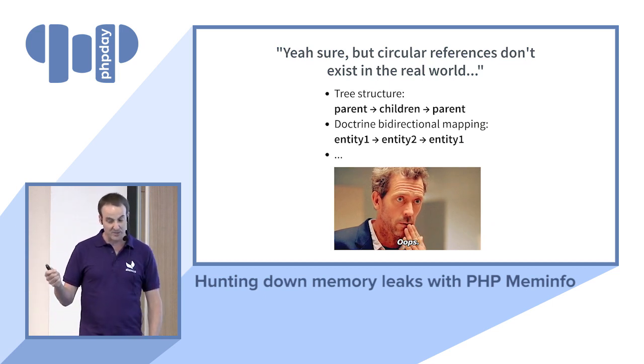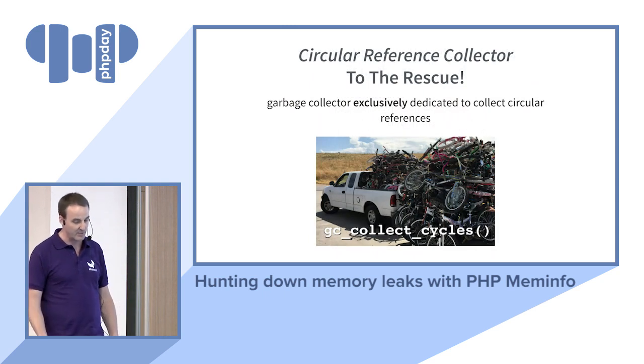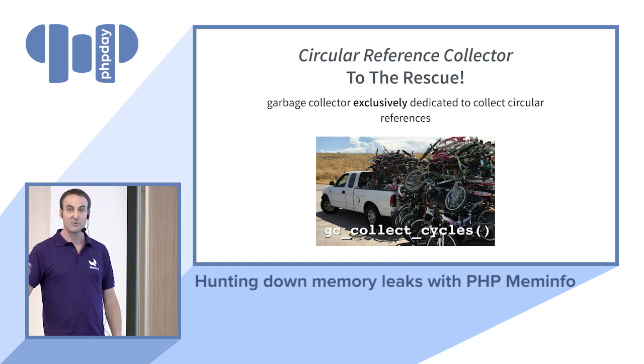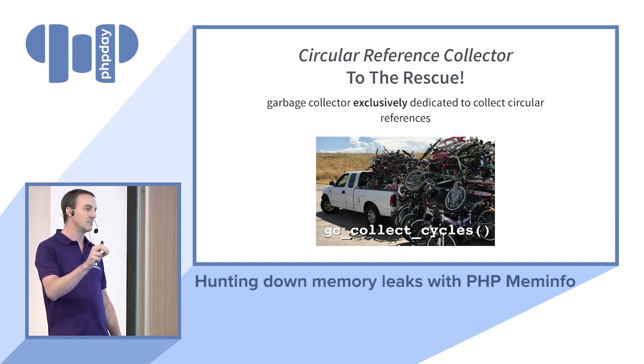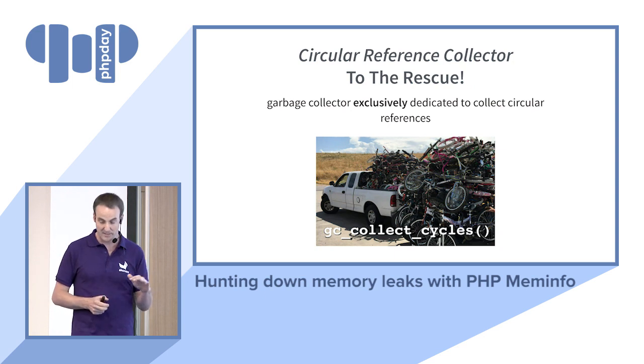But that's okay, because of the second mechanism that was created for PHP in 5.3, quite a long time ago: the circular reference collector. It's often called the garbage collector, but it's something very specifically designed to collect circular references. It's its job. It only does that.